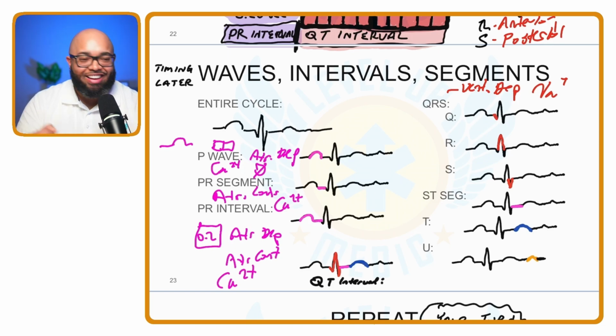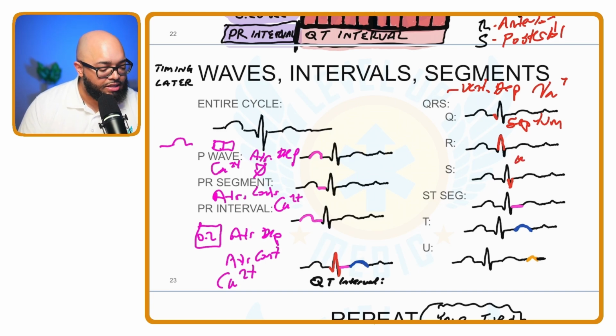All right, you got it. The Q represents the ventricular septum. The R represents the anterior wall, and the S represents the posterior wall. There again, it's all ventricular depolarization due to sodium.